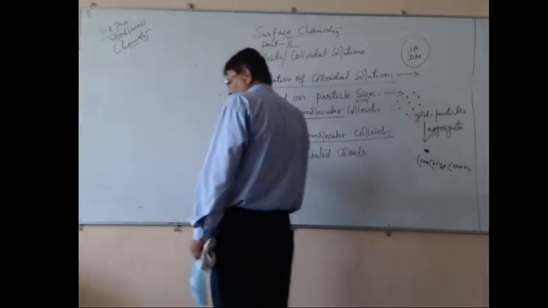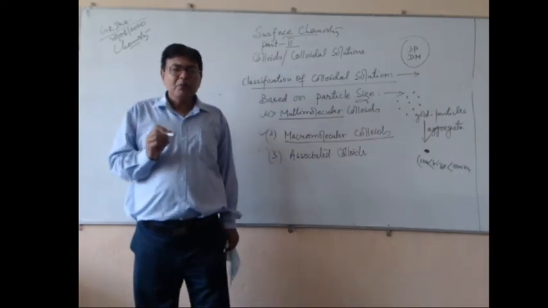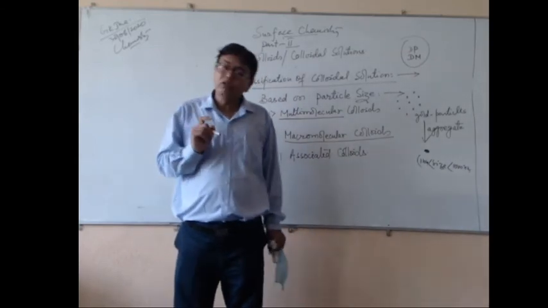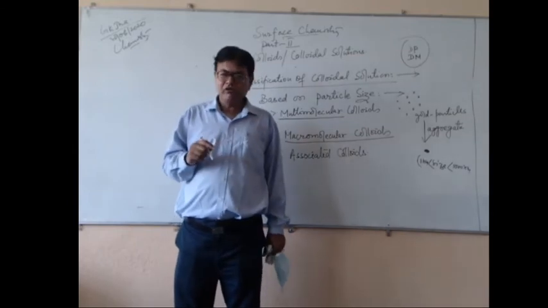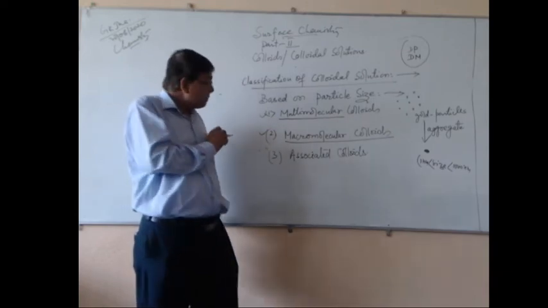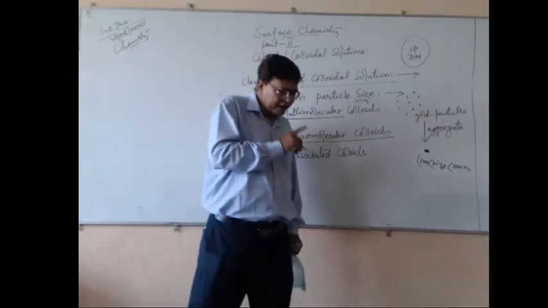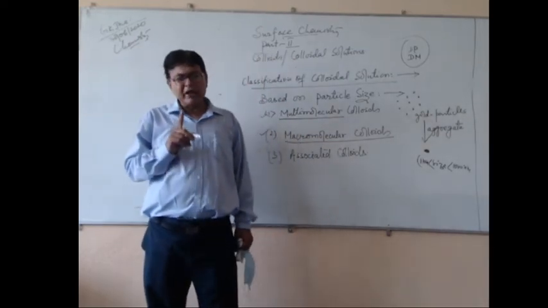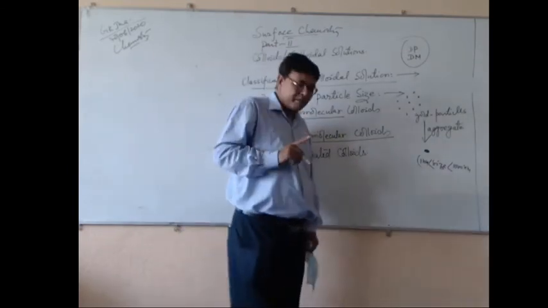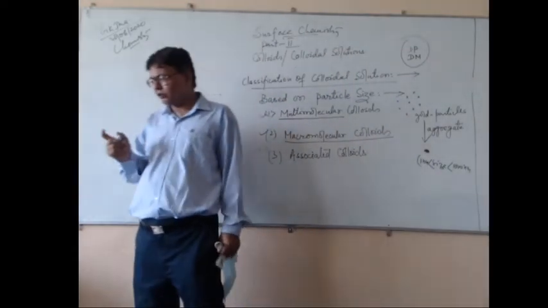Macromolecular colloids. Again, I wish you to understand the meaning of macro. Macro means very large. There are two things: micro, very small; macro, very large. Here, what is the title of this class of colloids? Macromolecular colloids. This means this kind of colloidal solution is made up of macromolecules. What are examples of macromolecules?